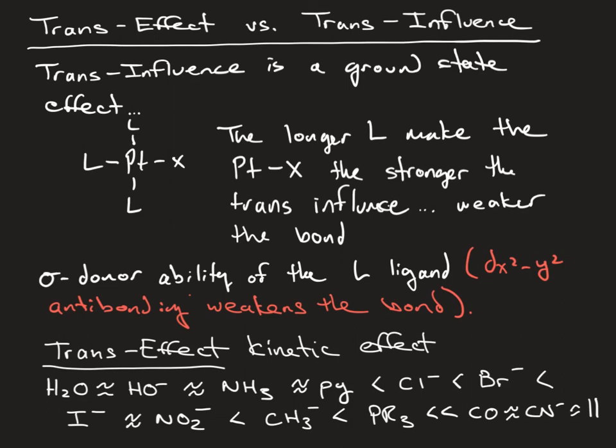So as we see, what really creates a strong trans effect is a ligand that has these pi acceptor type orbitals. Pi acceptors promote ligand association trans to that particular ligand. The reason for this has to do with how the ligand-based p-type orbitals are interacting with the metal pi-type orbitals in the trigonal bipyramidal intermediate during the Berry pseudo-rotation.